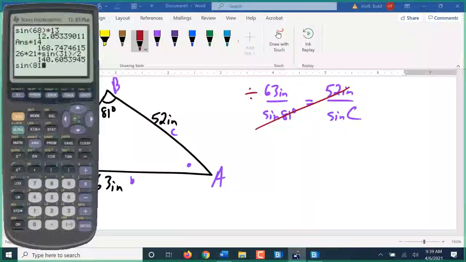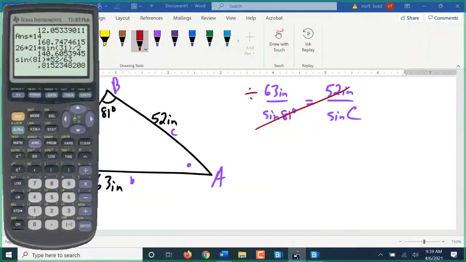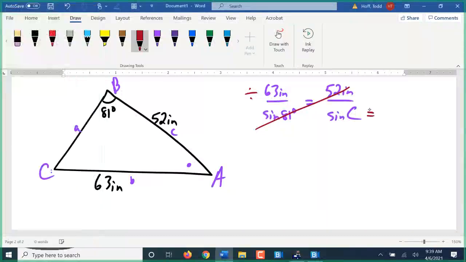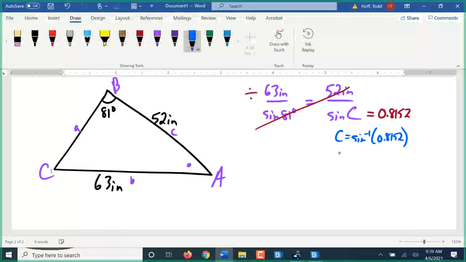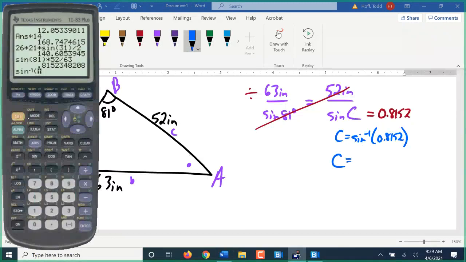Sine of 81 times 52 divided by 63 gives me 0.8152. So that angle C is the inverse sine of that, giving me that C is 54.61 degrees.